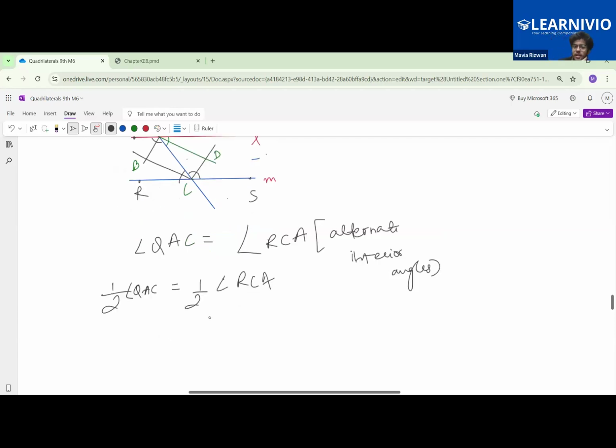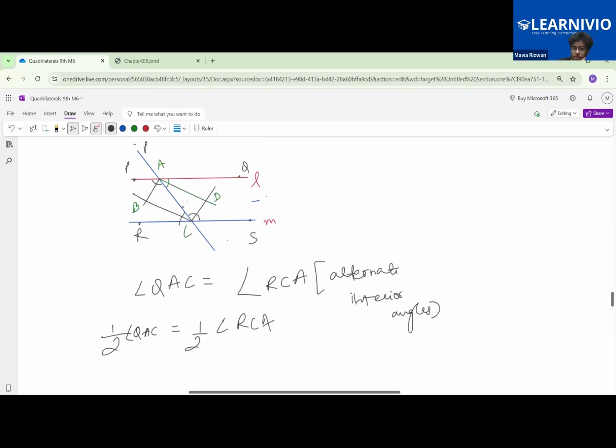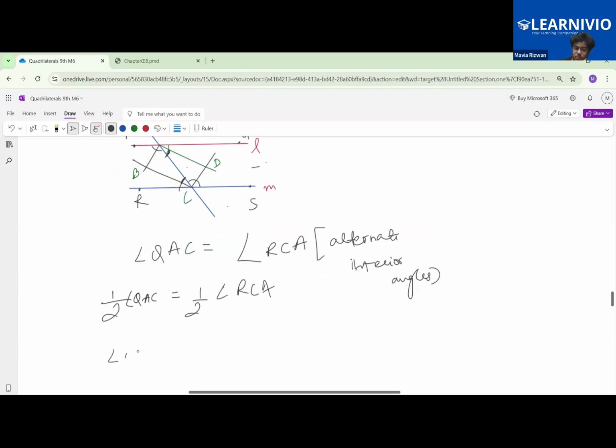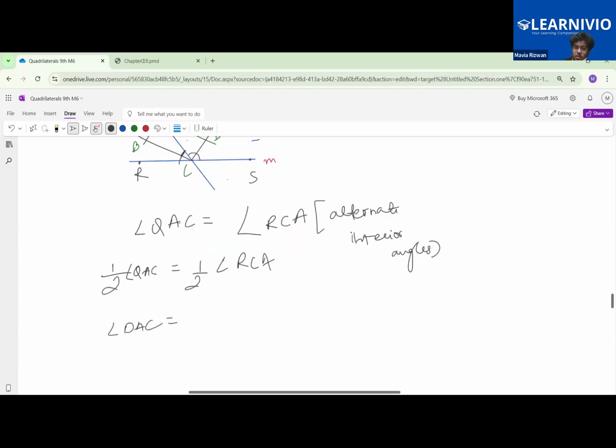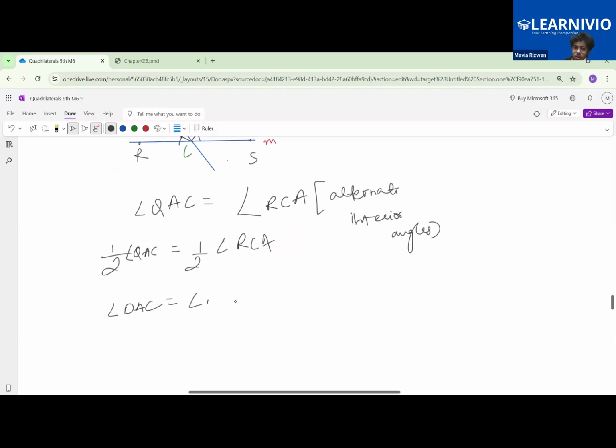So this is equal to angle RCA. Half of angle RCA is angle BCA. Is this clear first of all?